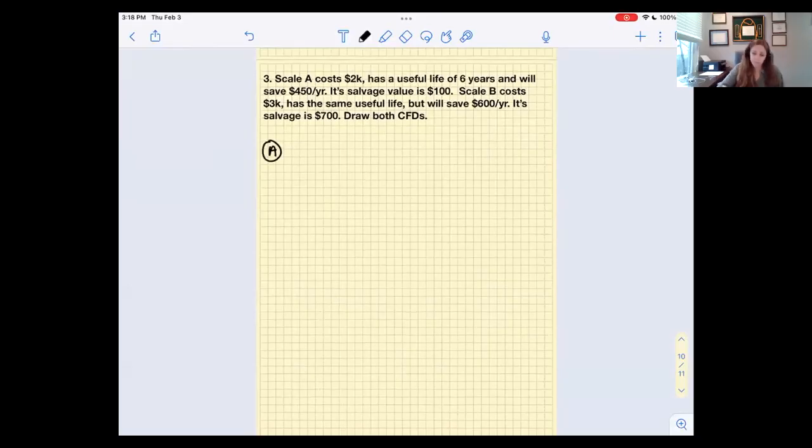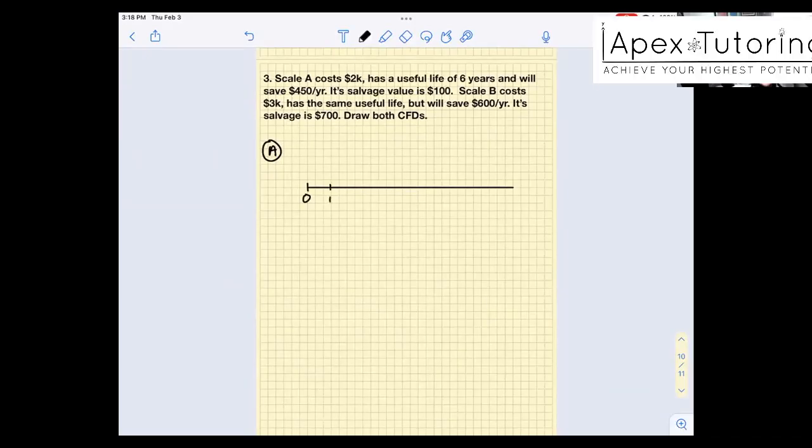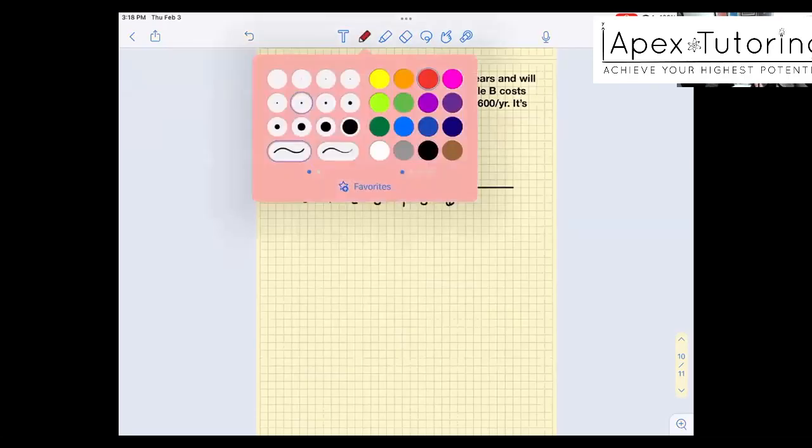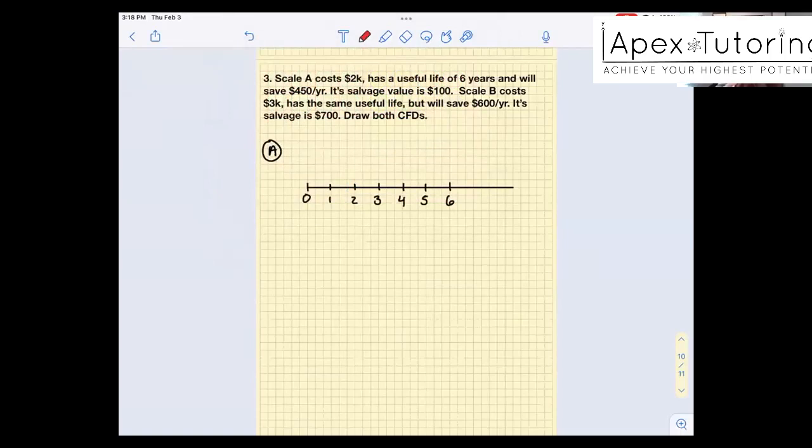So for scale A, our years should go from 0 to what? 6. Good. What do I do about that 2,000?